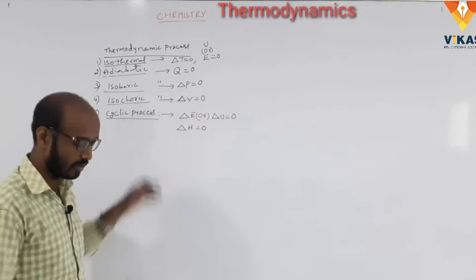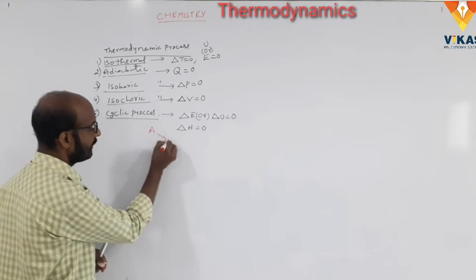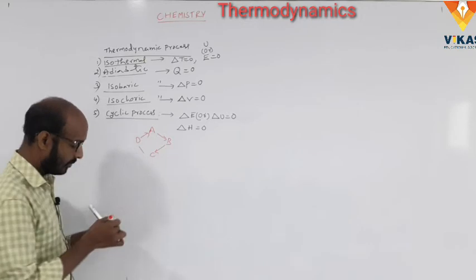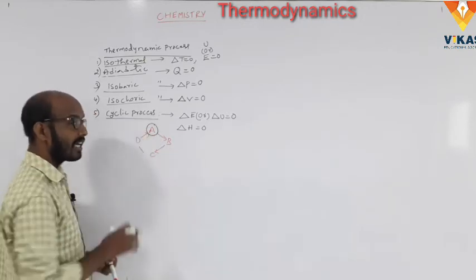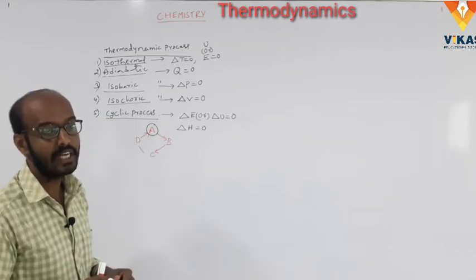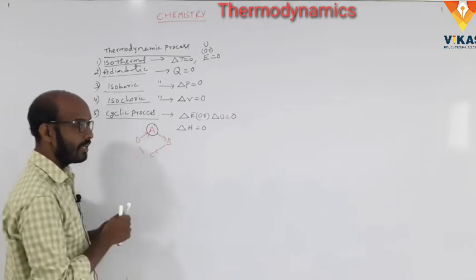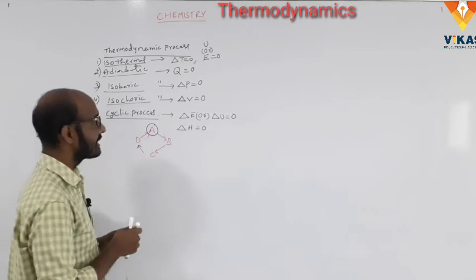In the cyclic process, A is converted to B, B to C, C to D, and D back to A. Here A is the initial state and the final state is also A. The initial and final states are the same. The initial state is regained after some steps, that is called the cyclic process.